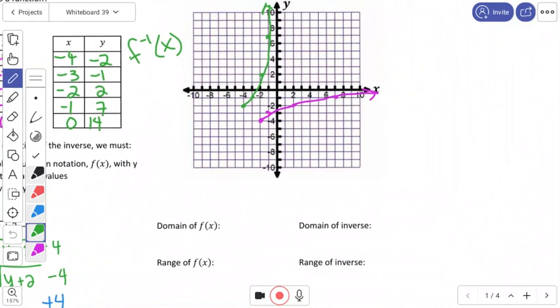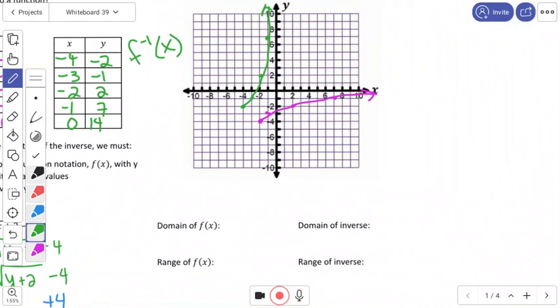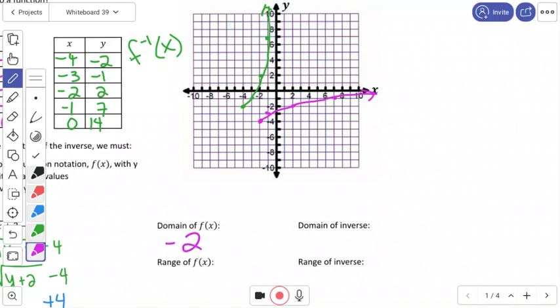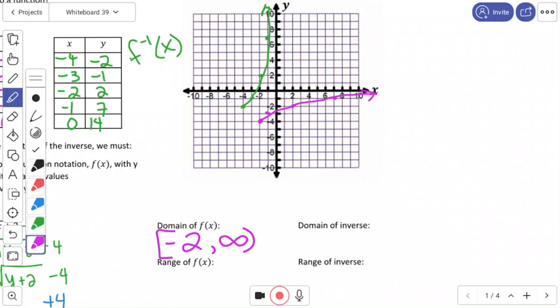Let's find the domain and range of f(x) to begin with. So our purple graph is f(x). The domain always moves from left to right. So from left to right, our graph starts at -2 and goes all the way to positive infinity. And we actually do touch -2, so we put a bracket around that.